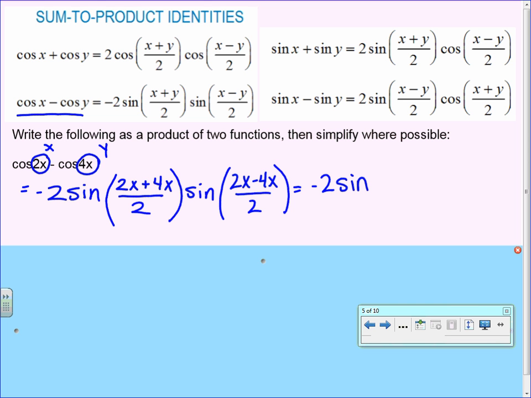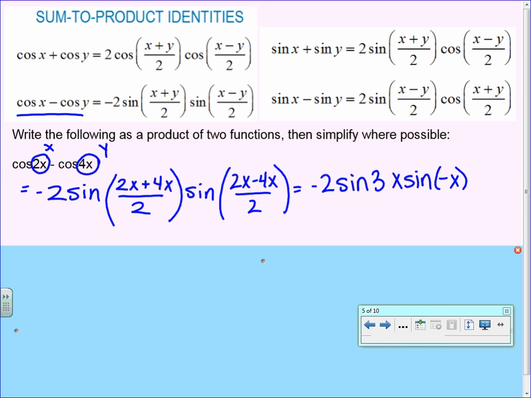All right, 2x plus 4x over 2. 2x plus 4x is 6x over 2 gives me 3x. And then sine 2x minus 4x, negative 2x over 2, negative x. I can't put those sines together because they're different angles, but I can deal with that negative again.